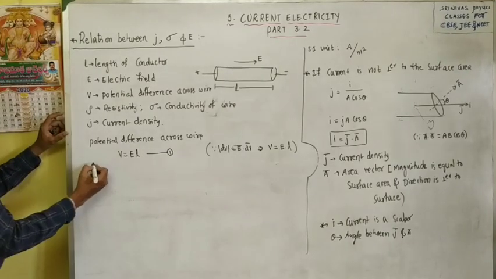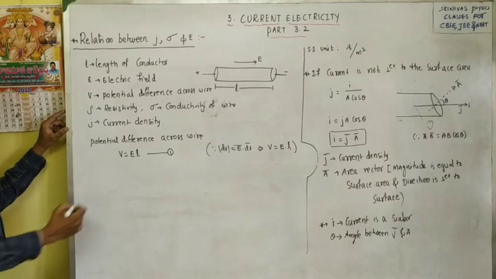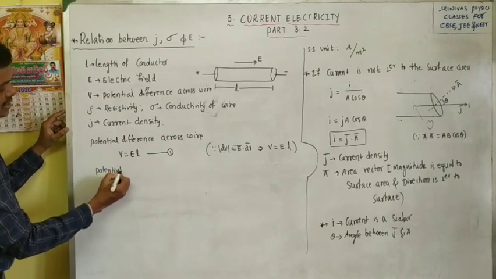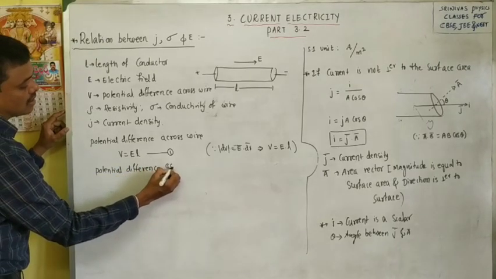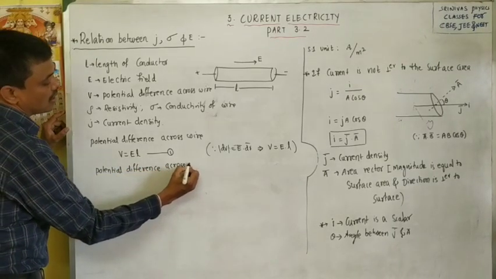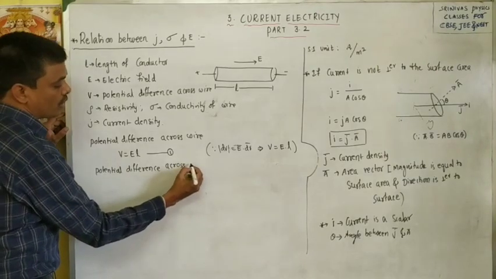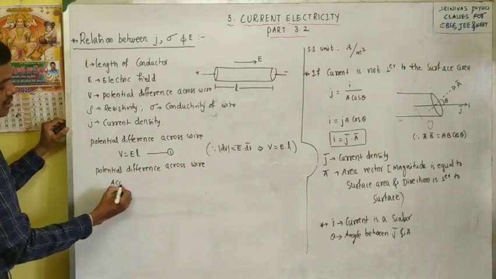Next, I want the potential difference formula from Ohm's law. Potential difference across the wire. What is the formula according to Ohm's law?